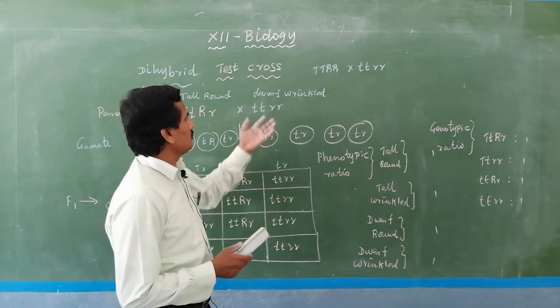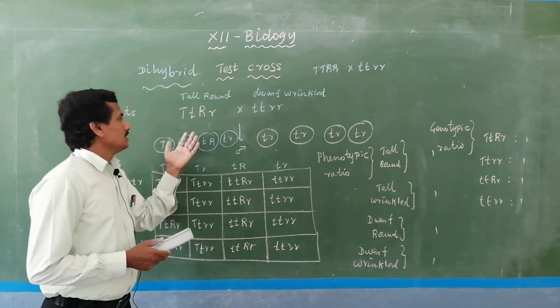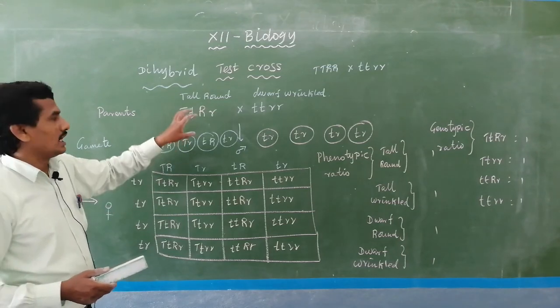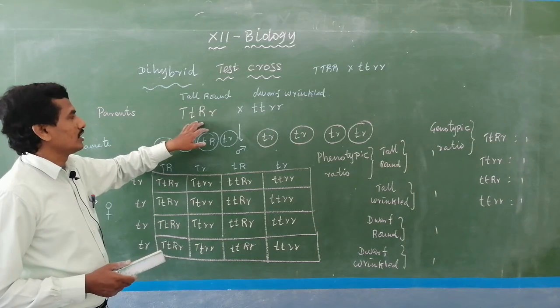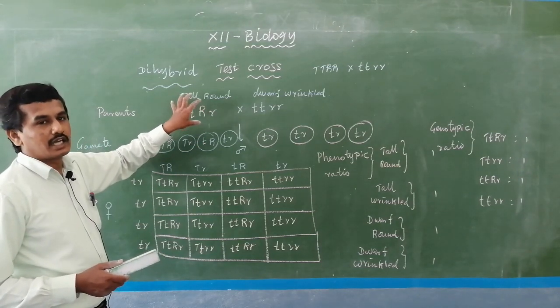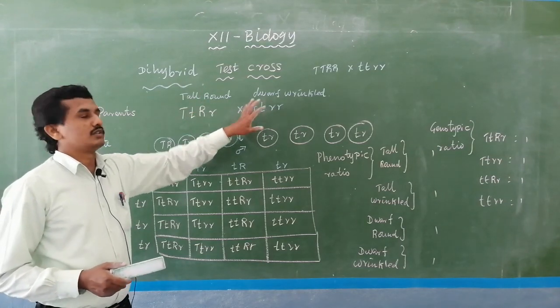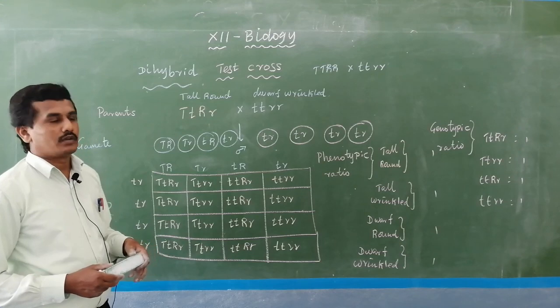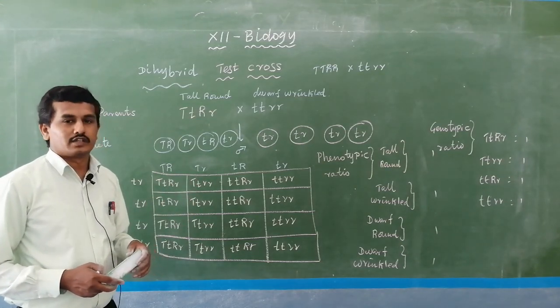So what is the use of the test cross? It is used to identify whether the F1 plants are homozygous or heterozygous. Only for that we follow the test cross. Okay, this is the test cross and its phenotypic and genotypic ratios.